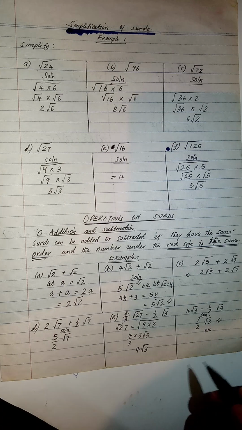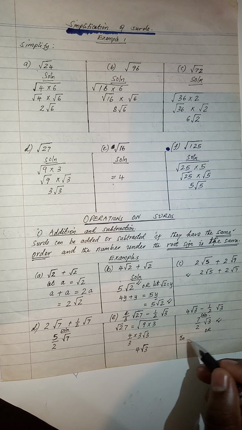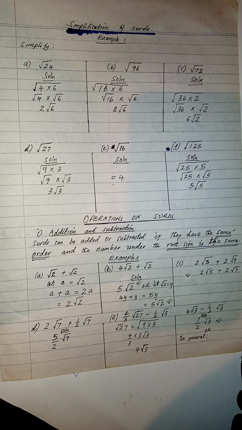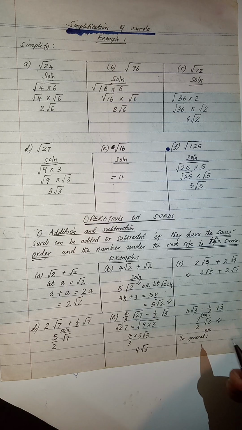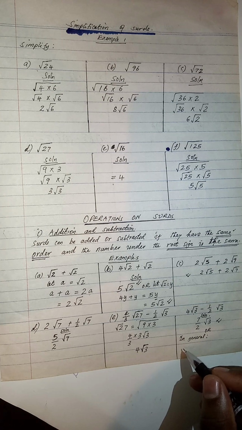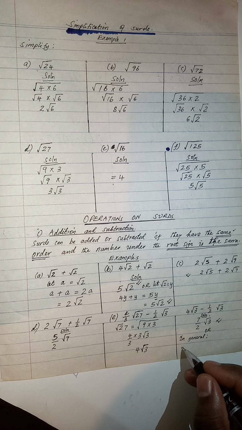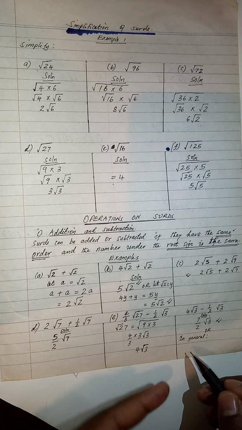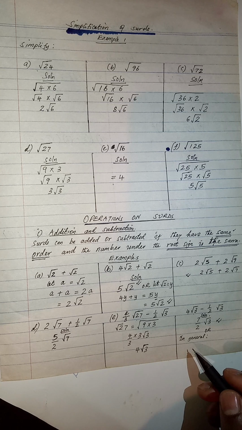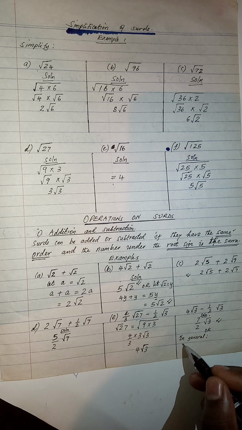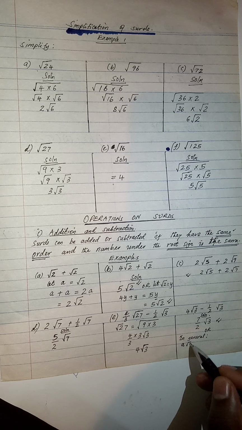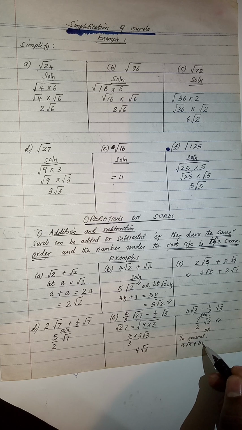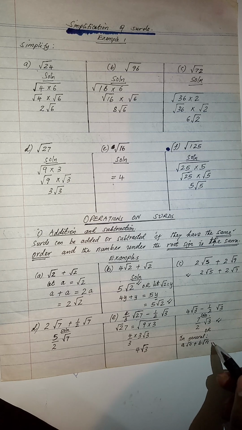So in general, to add or subtract surds, for example, the two surds in general are given as a root n plus b root n.